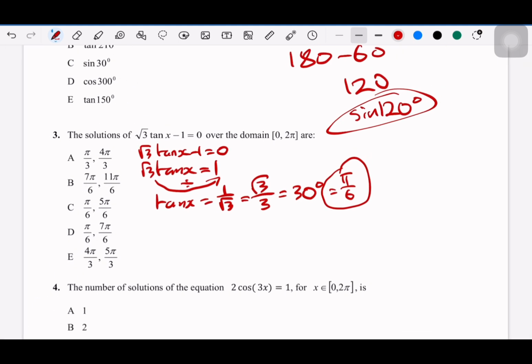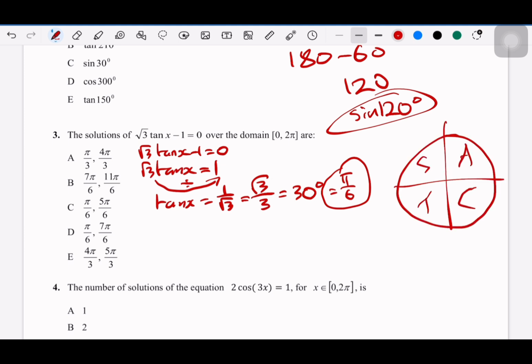Now, if you draw the unit circle, which quadrants is tan positive in? Obviously, it's the first and the third. So you're going to draw those two angles and mark them as pi on 6.